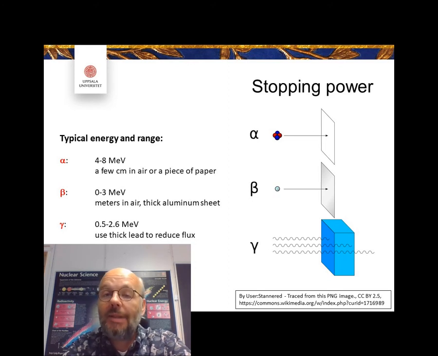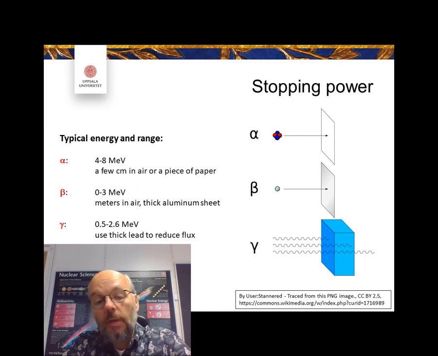Alpha particles are so densely ionizing, they have such a high LET or energy loss per unit length, that the detection probability is practically 100%, provided, that is, that the particle hits the sensitive volume. That means it reaches the detector and manages to pass through this thin entrance window that I showed you earlier.